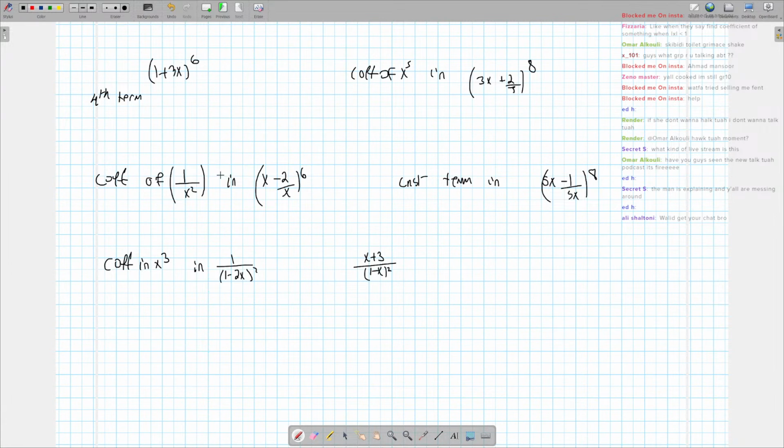I'm gonna put all the answers for this. The fourth term is 540 x cubed. The coefficient of x to the power 5 is 4032. The coefficient of 1 over x squared is 240.